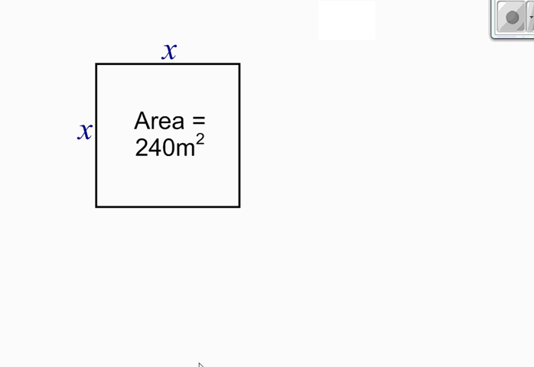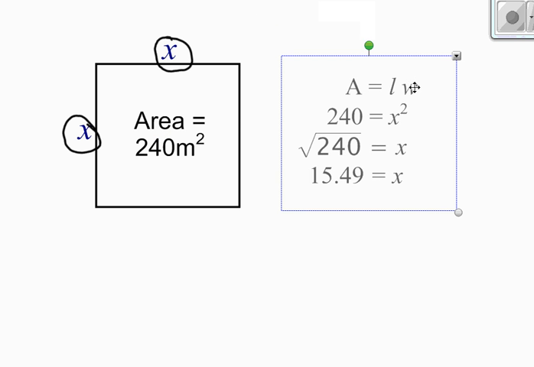So what we know again is that we're making a square. This time we're forcing it to be a square, and I'm doing that by giving the length and the width this exact same measurement by calling it x in both dimensions. So again, the area is 240, therefore length times width must be 240. So here's the math.